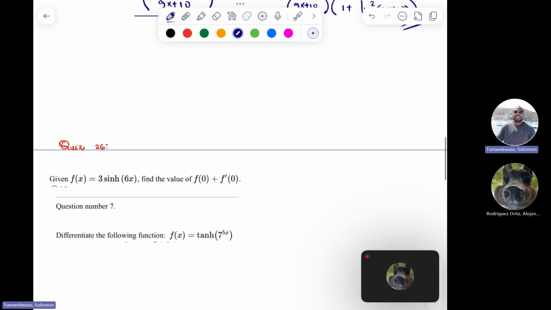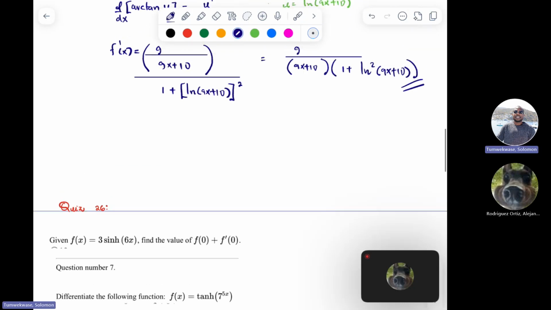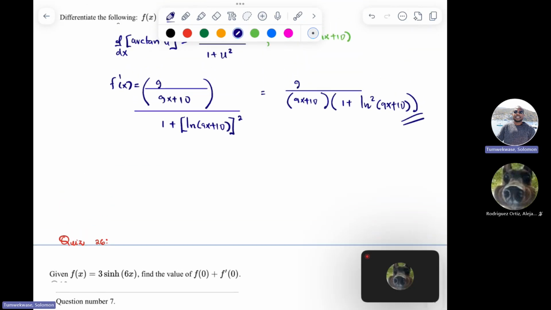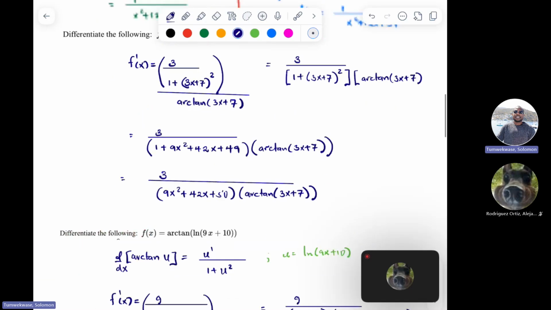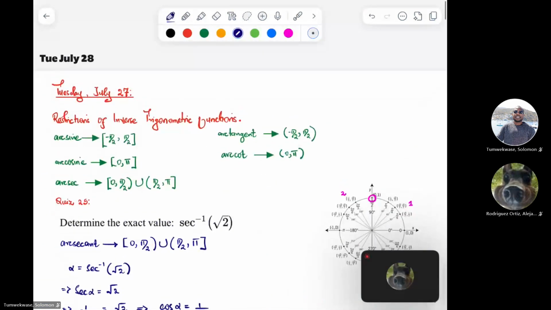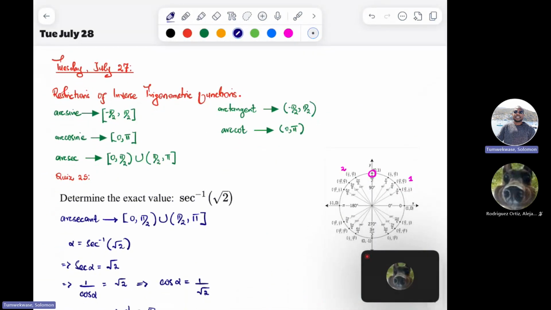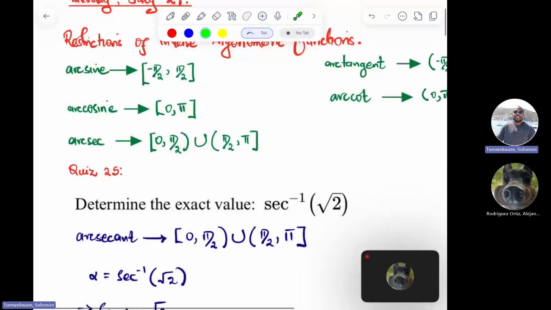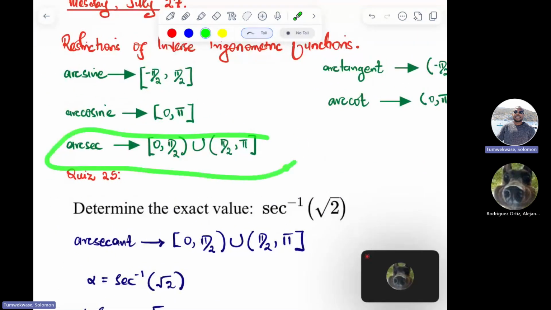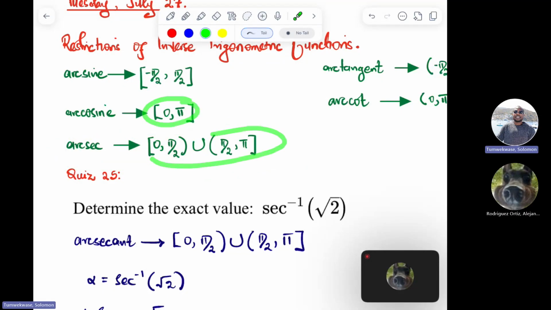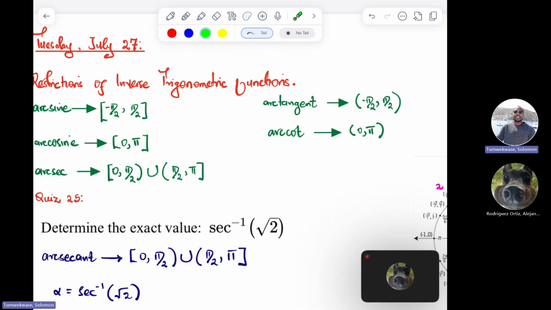Before I move on to quiz 26, maybe let me remind you. Once again, the restriction for arcsec is this, then we have arccosine as 0 to pi, then negative pi to pi for arcsine.